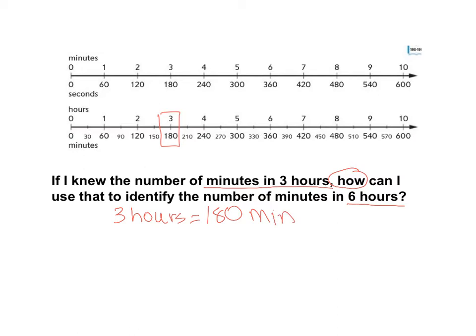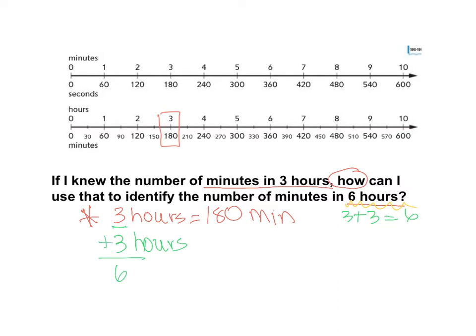Now I want to use this information to help me with this question. I know that 3 plus 3 equals 6. So that means if I use 3 hours here and another 3 hours, that's going to equal 6 hours.